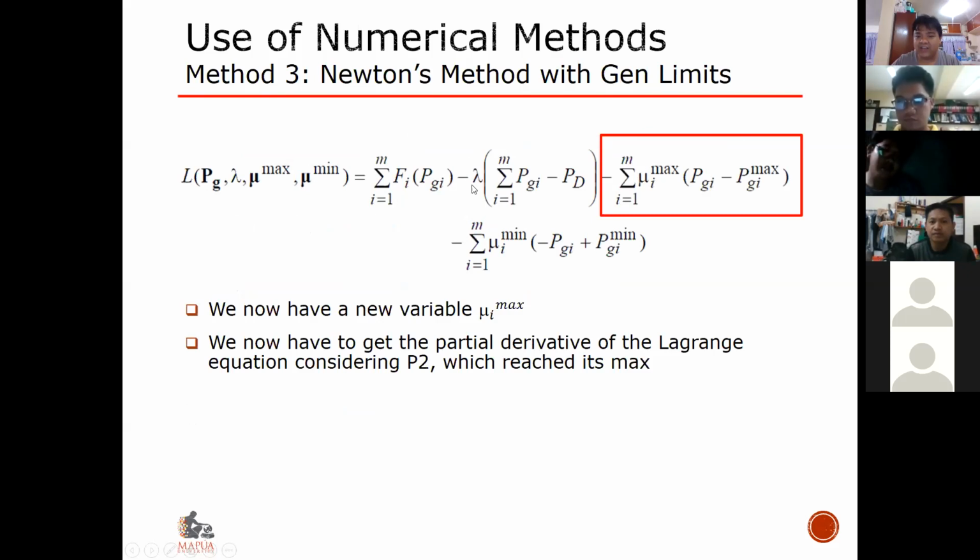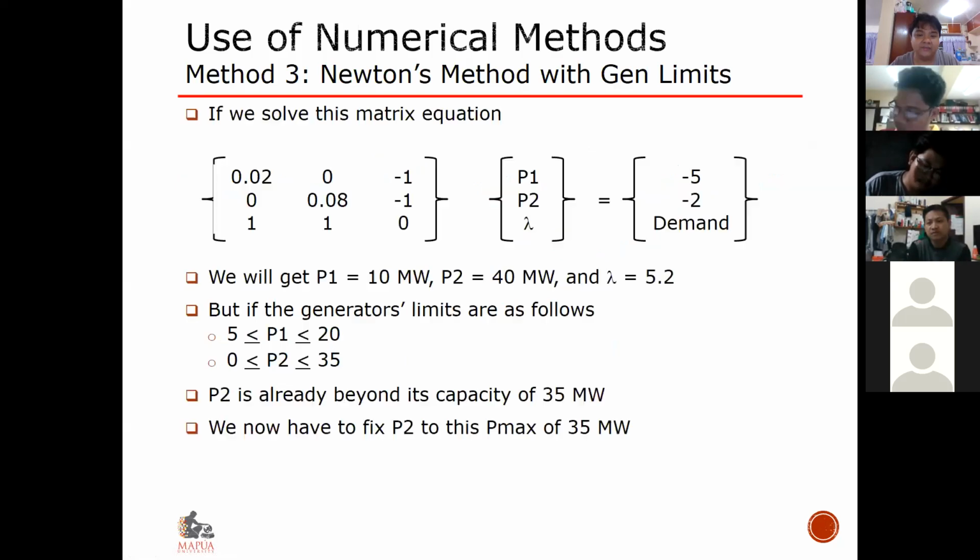In the same manner as lambda, all constraints have a shadow price. This one has mu. So mu times P1 minus P max applies only in cases where you are hitting the limits of the generators. Okay, let's go back to the problem.